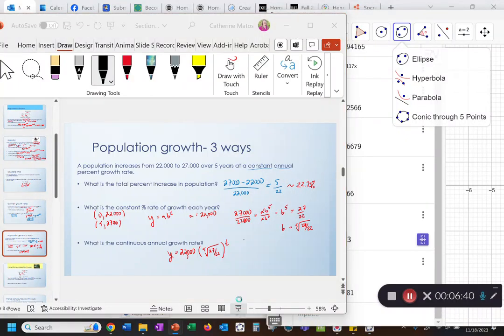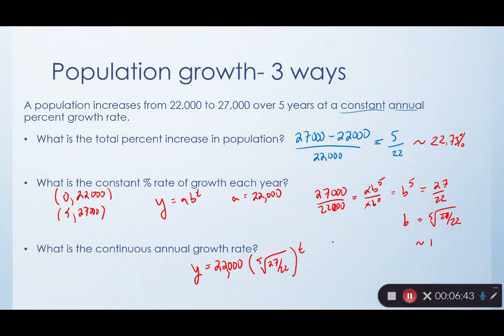So roughly 1.0418. So our constant percent rate of growth each year is going to be the decimal part of that. So we're looking at 4.18% growth. All right. Now, of course, that's not what this third question is. That would be the equation for it. So this is the formula.